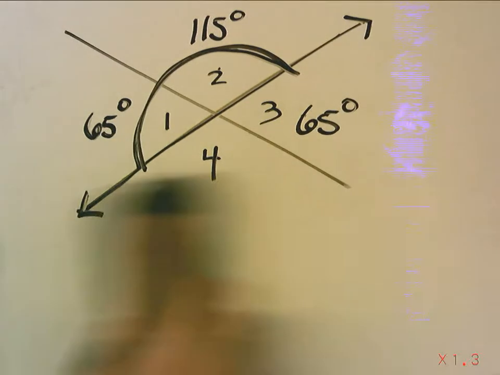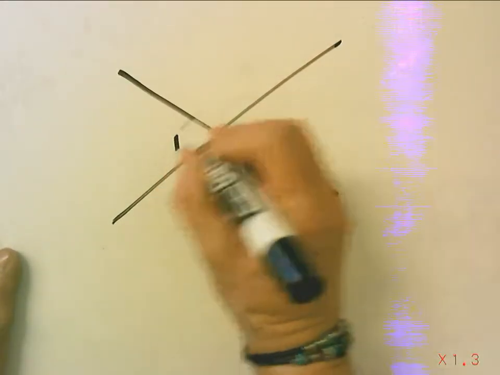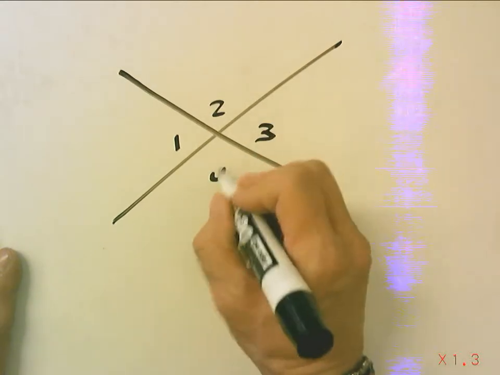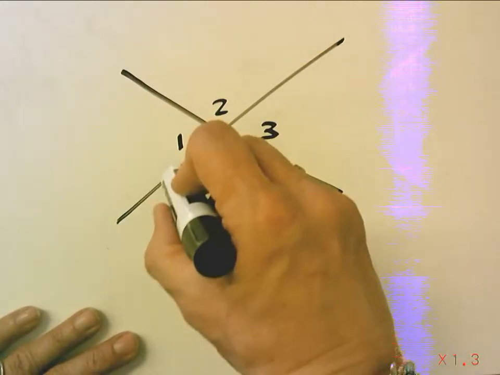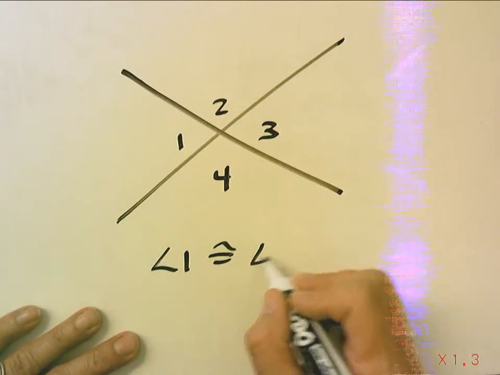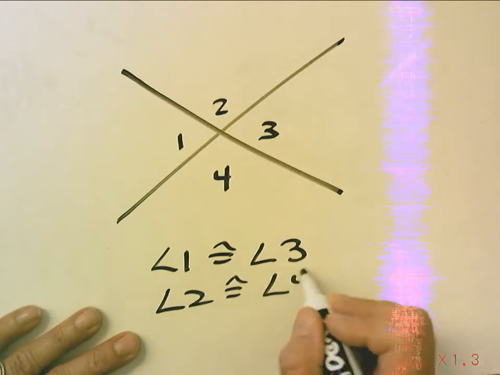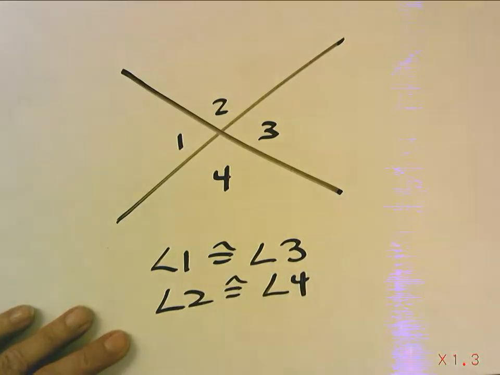Okay? So this is not written down, but I want everybody just to watch. We have 1, 2, 3, and 4. Now, angle 1 is congruent to angle 3. Angle 2 is congruent to angle 4. Congruent means has the same measure.